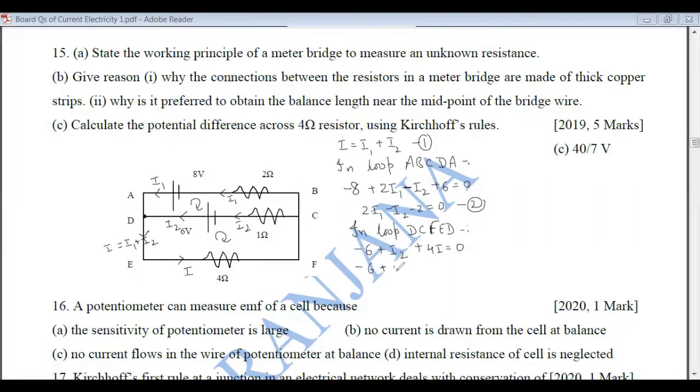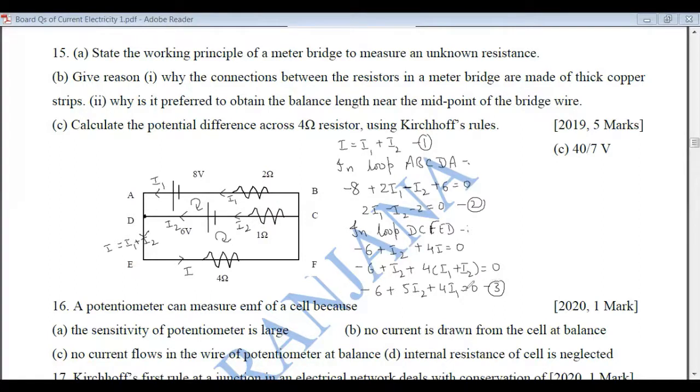Now from equation number 1, I is equal to I1 plus I2. So minus 6 plus I2 plus 4I2, which is plus 5I2, plus 4I1 is equal to 0. Let this be equation number 3.